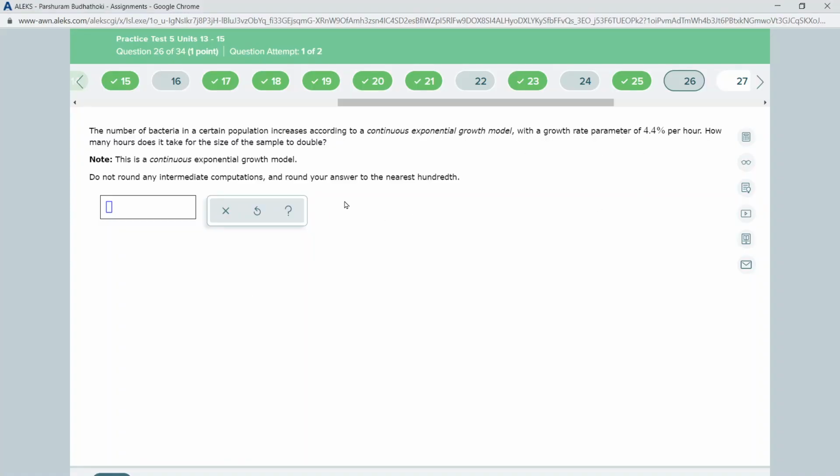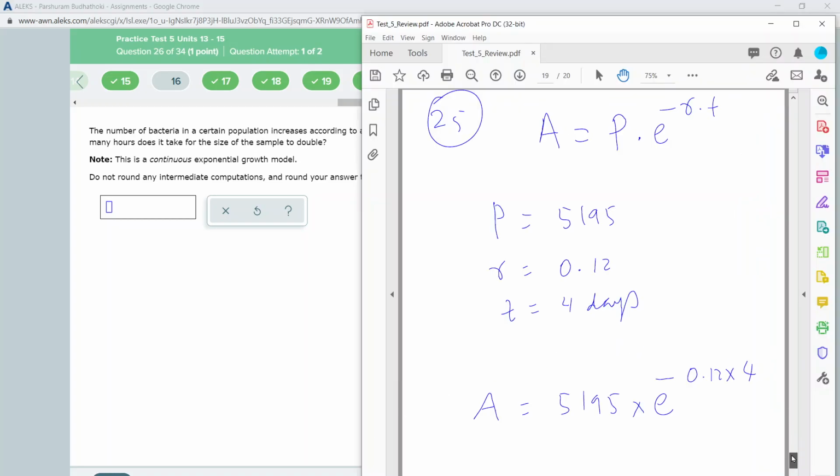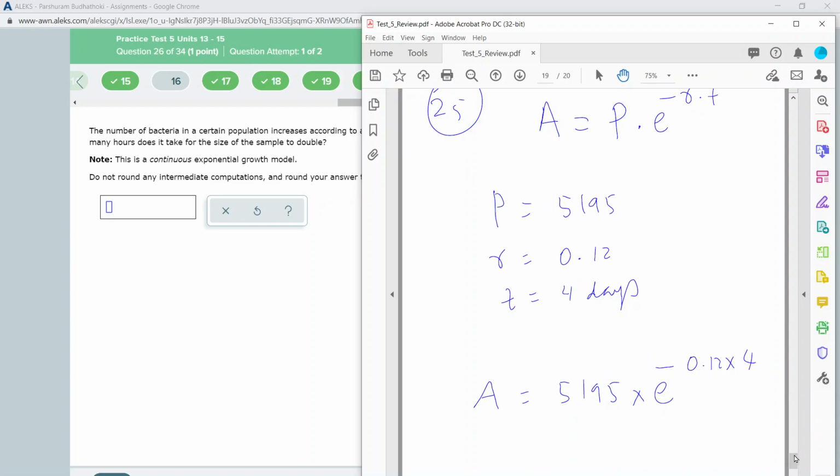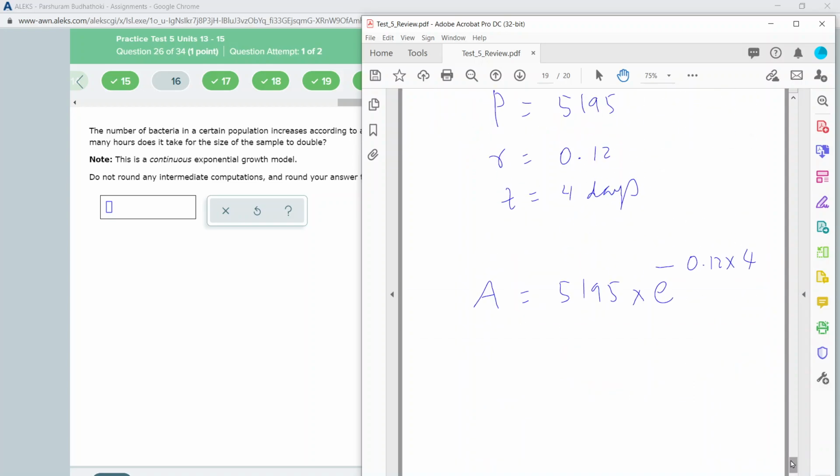Okay, so let's go to the next problem, the exponential growth model. It's a very similar kind of problem, but for the growth model you don't have the negative sign. So for problem 26 you are going to use the very same formula, A equals P times e to the power r times t. P is the initial, A is the future, r is the rate, t is the time.